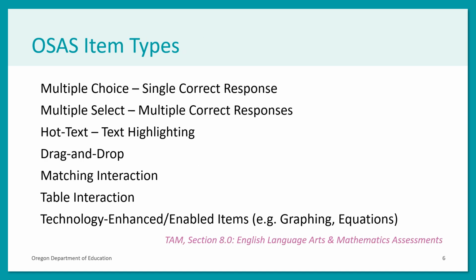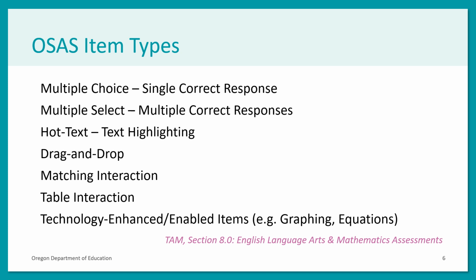The OSAS, ELA, and Math tests are adaptive, which means the question difficulty adjusts as the student works through the test, providing either easier or more difficult items based on correct and incorrect student responses. Students will interact with different items, such as multiple choice, where there's a single correct response, multiple select, where there are multiple correct responses, hot text, or text highlighting, drag and drop, matching items, and other table interactions.